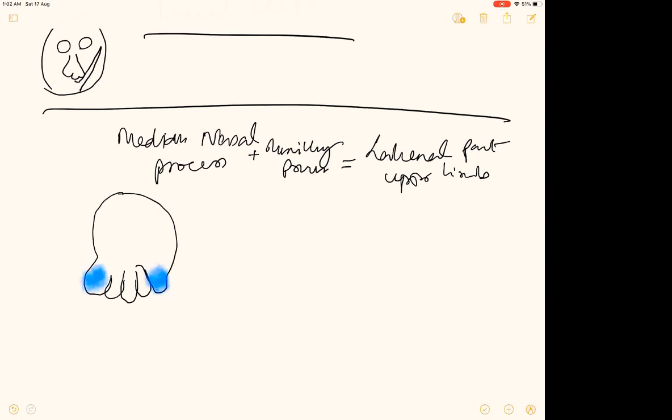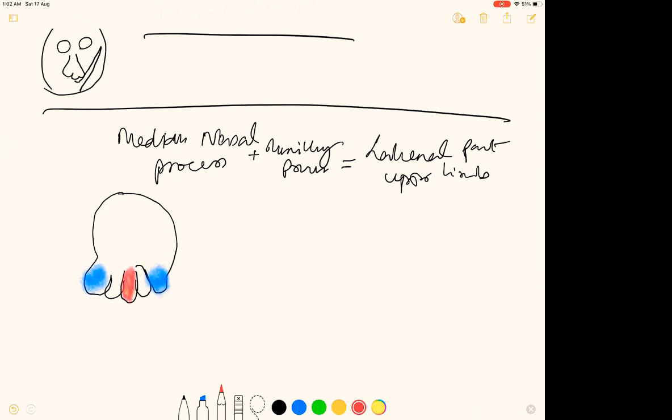Remember, this means a median nasal process with the maxillary process. If you see this diagram, guys, the median nasal process is exactly like that.